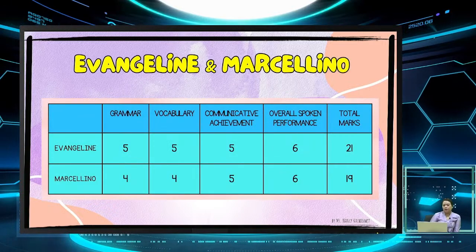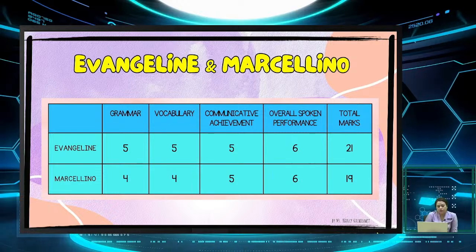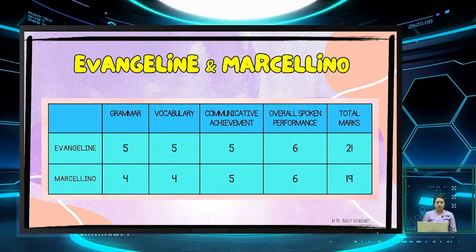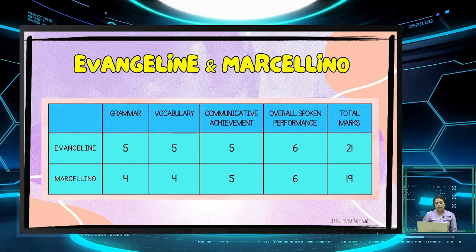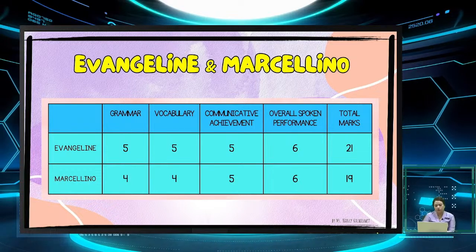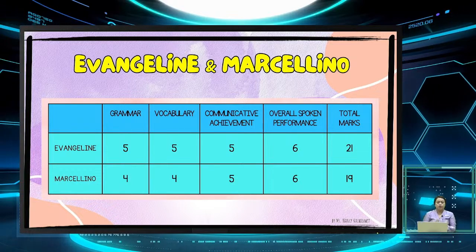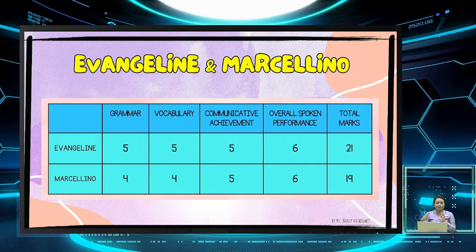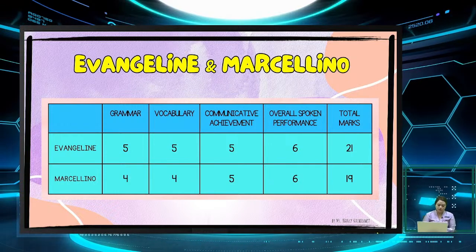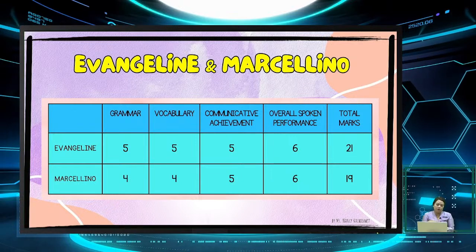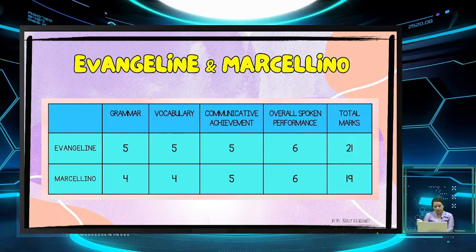Okay, so we look at the first pair, which is Evangeline, or we call her Ye actually. So Ye and Marcelino. For grammar, vocab, CA, communicative achievement, and also overall spoken performance, as you can see, Evangeline or Ye did slightly better than Marcelino. Marcelino scored average 4, 4, 5, 6, 19.